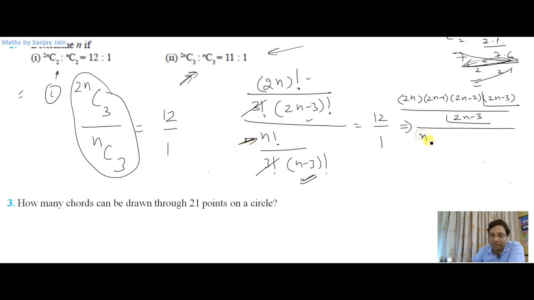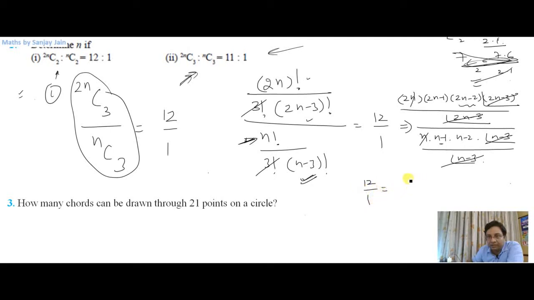So n into n minus 1 into n minus 2 into n minus 3 factorial, divided by n minus 3 factorial. So I can cancel these. And if you notice, I can cancel this n here, and out of this 2n minus 2 I can take 2 common and cancel this. So let us do that in the next step.